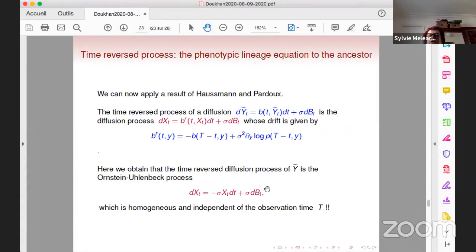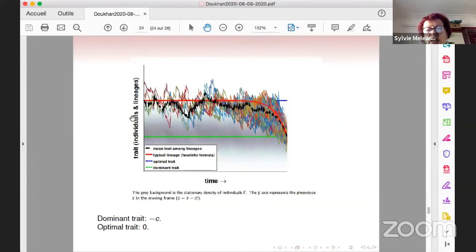Very simple stochastic process. Of course, the independence from the observation time is due to the fact that the underlying framework is an equilibrium framework in a moving environment. But what we are saying is that if we pick an individual at random, the trajectory to go from the individual's trait at time t to the trait of the ancestor follows an Ornstein-Uhlenbeck process.